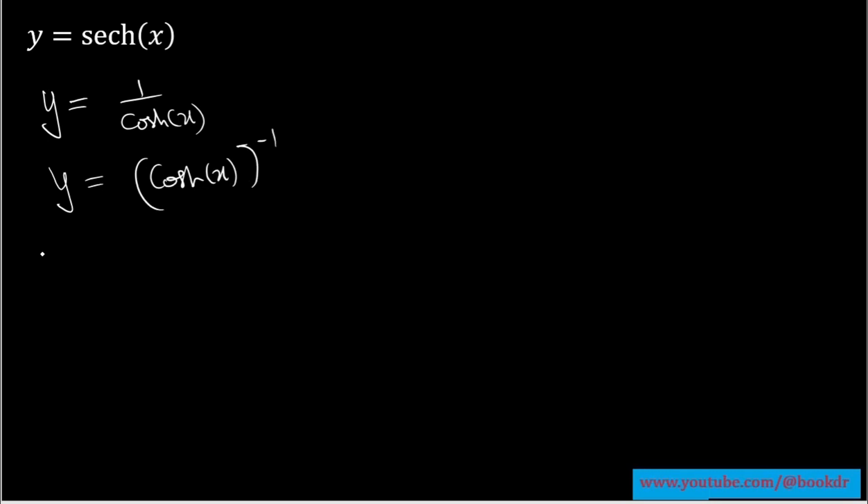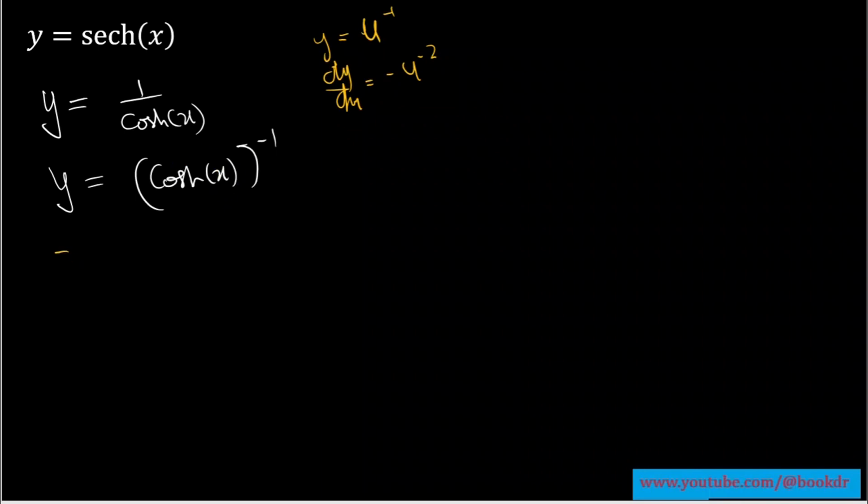Then we can differentiate, but this is a function within a function, so we differentiate the whole thing with respect to the content, then multiply by the differentiation of the content. So we'll treat this as u raised to the power negative 1, and differentiating y with respect to u we get negative 1 u raised to the power negative 2.